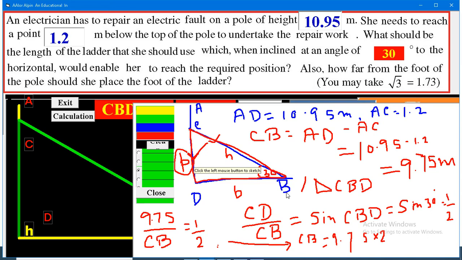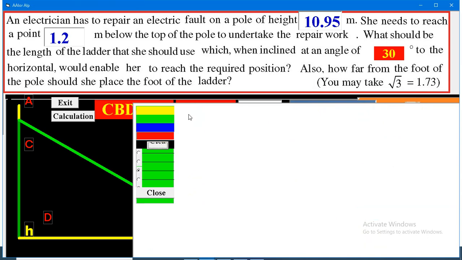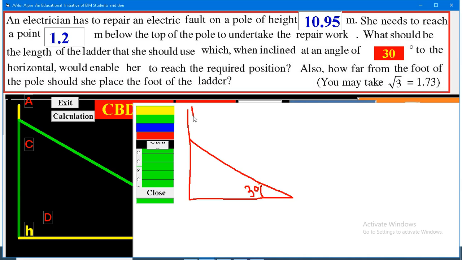Correct? Let us clean this up. I can draw the same picture once again. This is 30 degree. This is A. This is C. So now I know 9.7, sorry, 9.75.